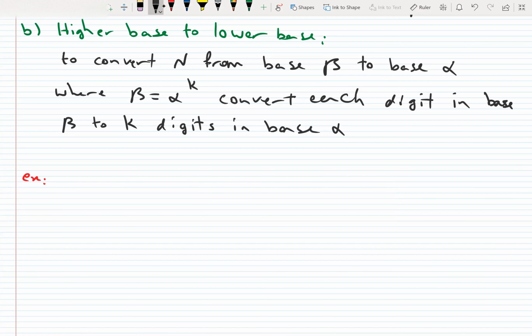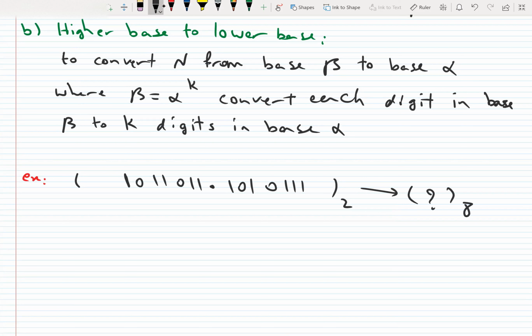We want to convert 1 0 1 1 0 1 1 0 1 1 1 from base 2 to base 8.